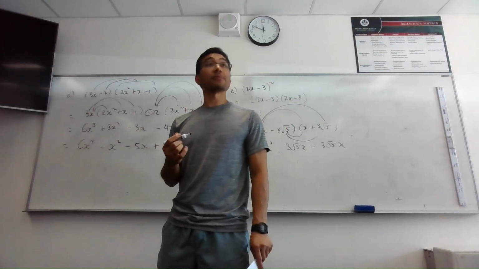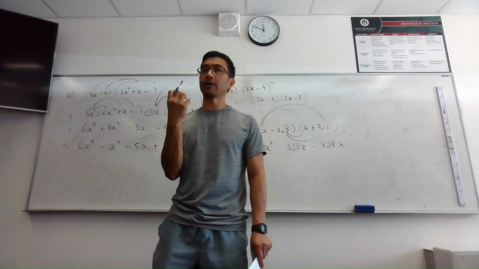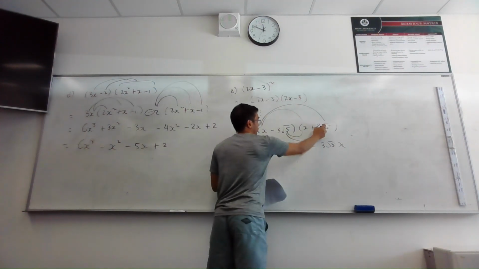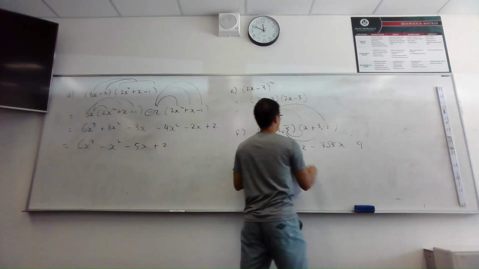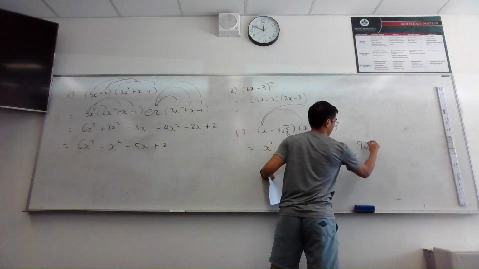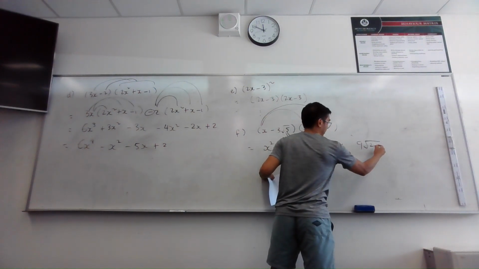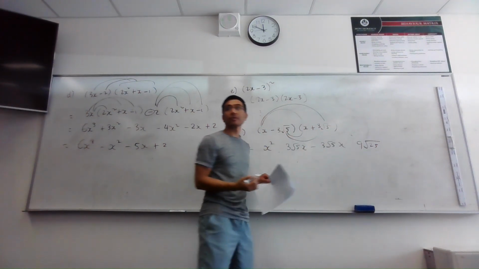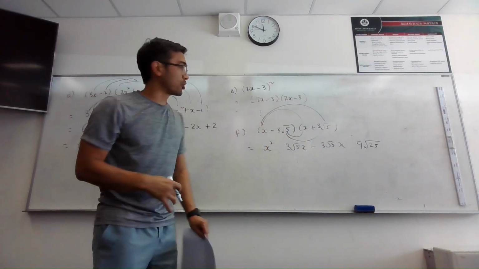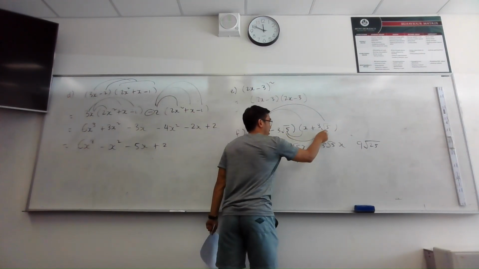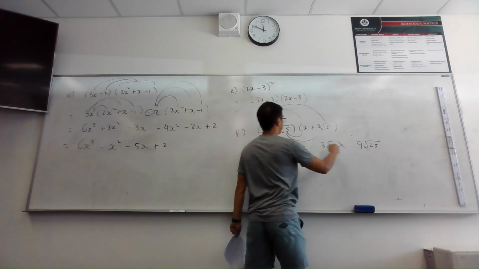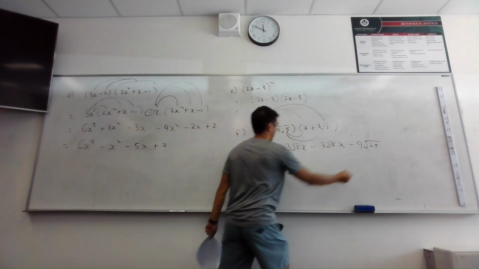3 root 5 times a 3 root 5. We multiply the normal numbers there. 3 times 3, 9. A root 5 and a root 5, that's root 25. When you multiply surds together, you just multiply them and keep it in the square root. It's a negative, right?